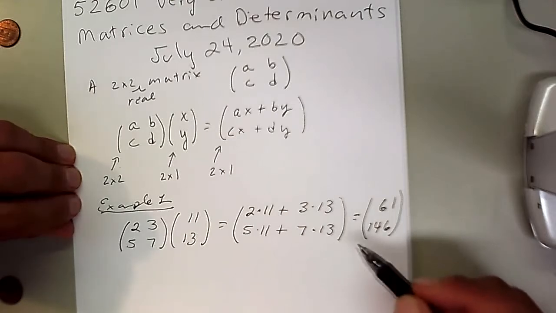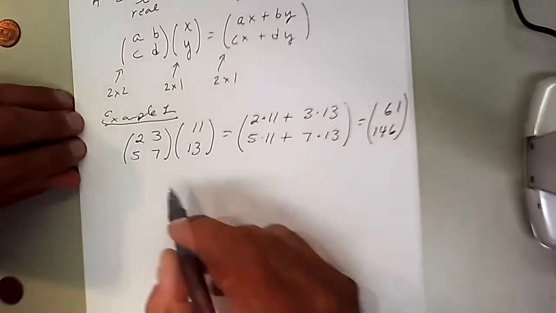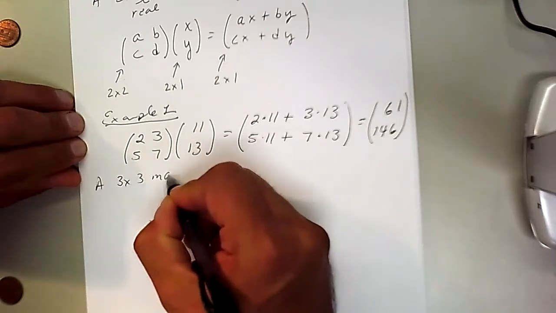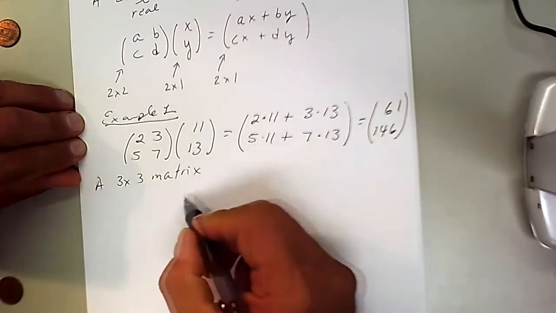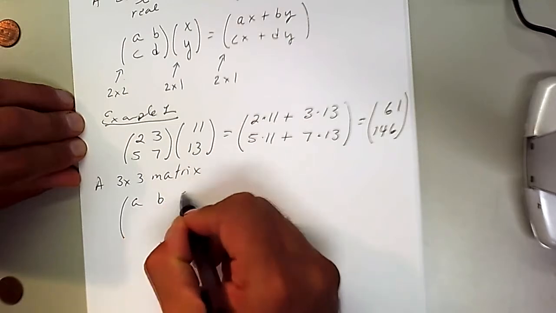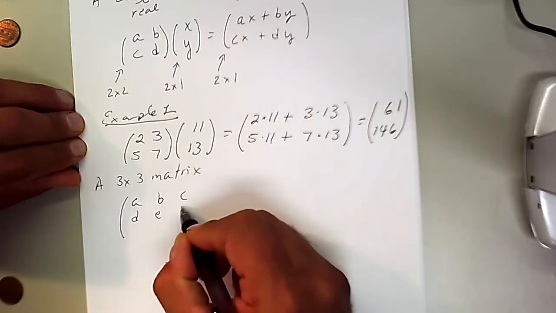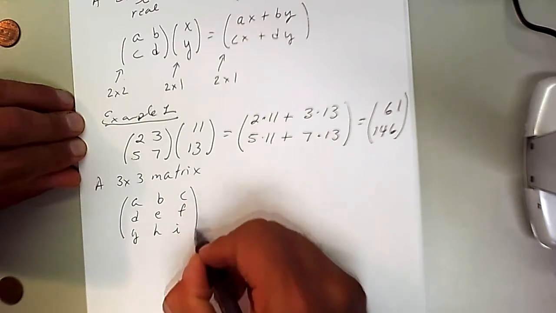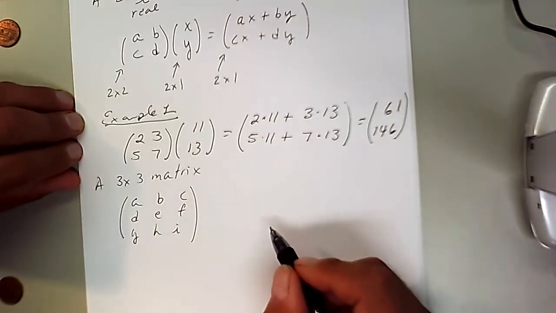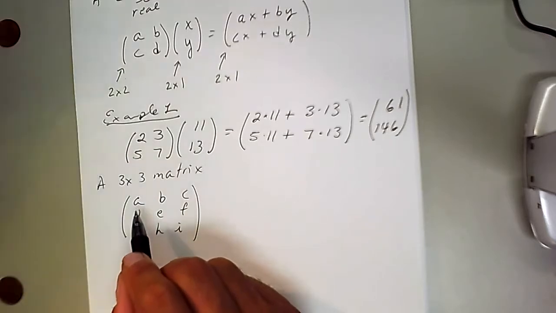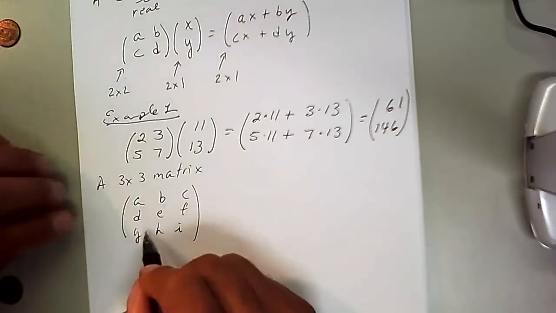Now let's talk about a 3 by 3 matrix. It is a matrix A, B, C, D, E, F, G, H, I, with 9 real numbers arranged in 3 rows and 3 columns.